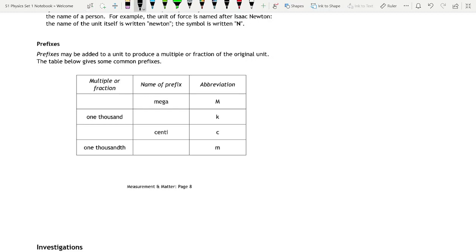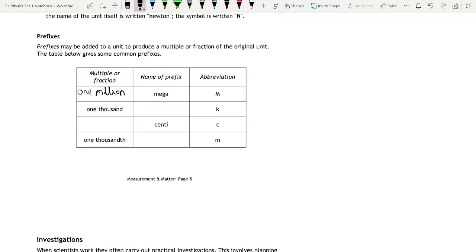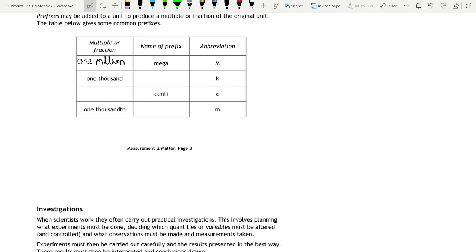So we'll write that in there. So 1 million. One million is a megameter, or 1 million newtons would be a meganewton.